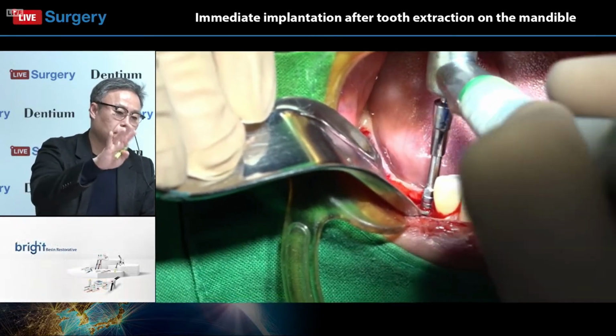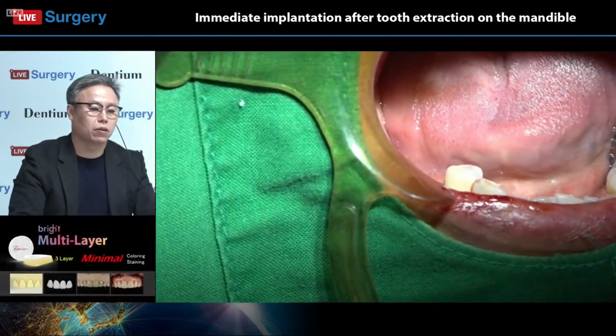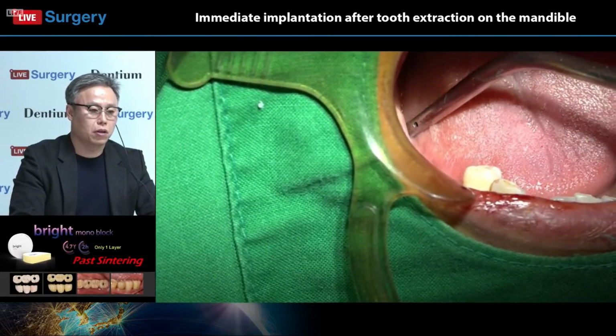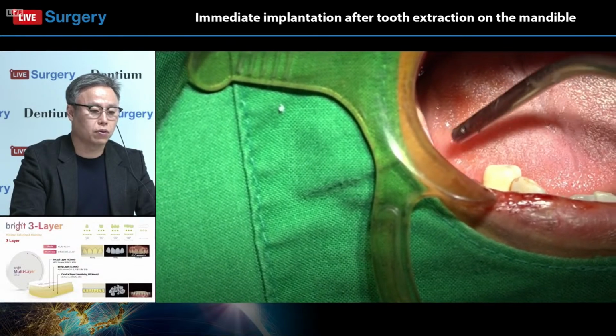Dr. Lee wants to keep the axis without the handpiece touching the adjacent tooth. And he got enough torque, and probably he wants to use the hand wrench.